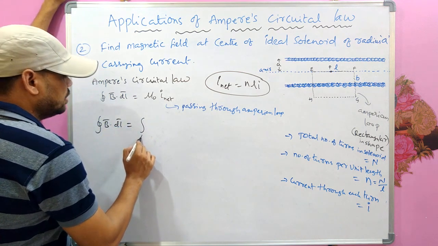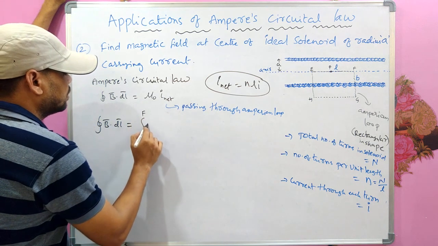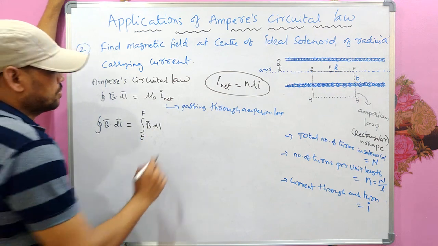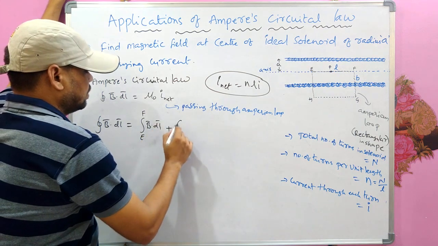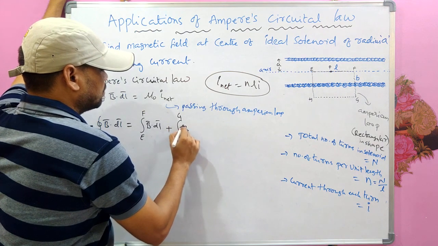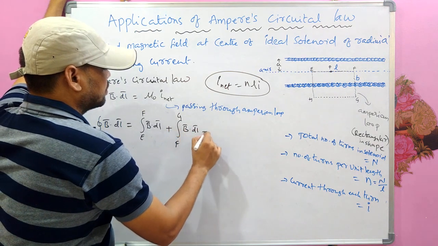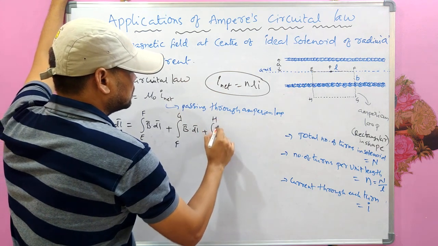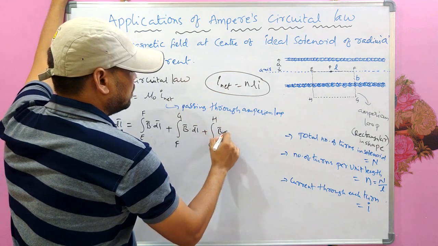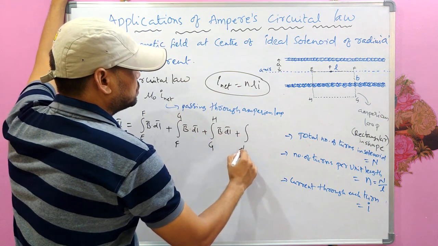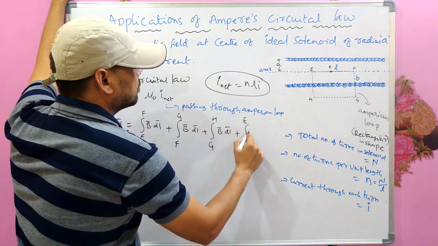I will divide it like this: integral B dot dl is equal to integral e to f B dot dl plus integral f to g B dot dl plus integral g to h B dot dl plus integral h to e B dot dl.